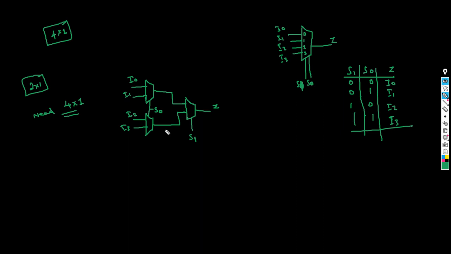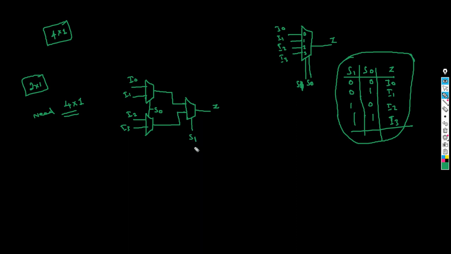Now, how do you verify that it is actually as per this truth table? Whether this circuit and this truth table are in sync or not?